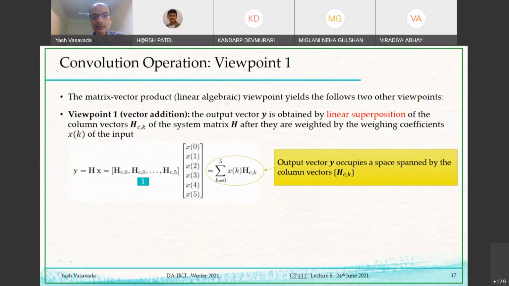So here I am taking the linear superposition viewpoint. I am taking the columns of the H matrix, weighting it by x of k, and then adding those vectors up.